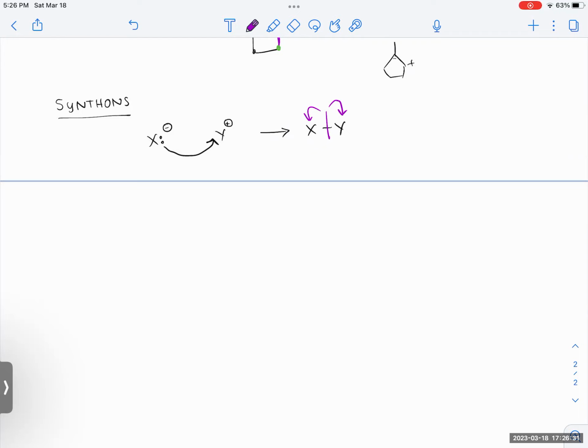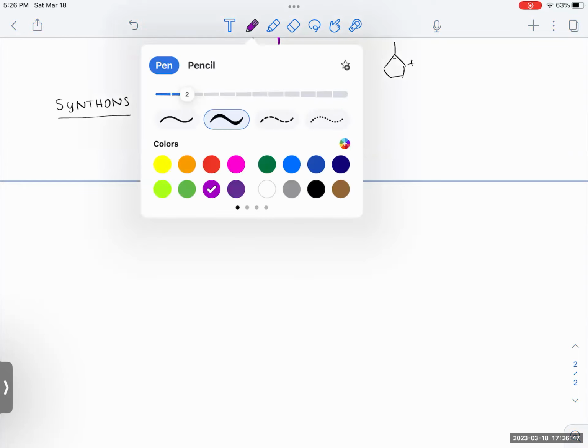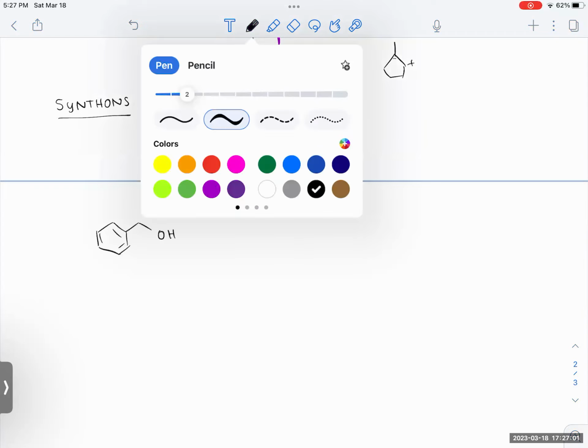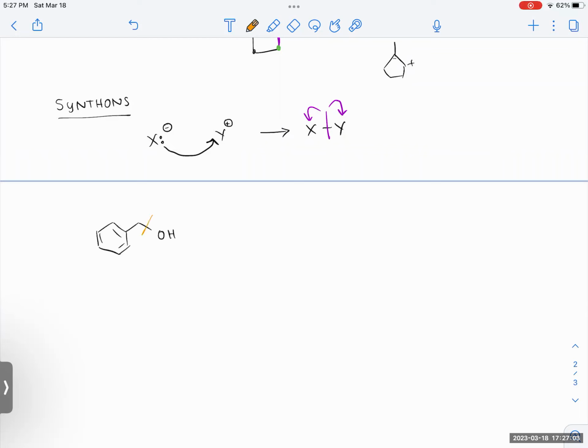So we have to utilize a lot of the things that we learned in OChem 1 about molecular stability and electronegativity. A good example of this, if we have this, for instance, and we're going to cut it in half right here.